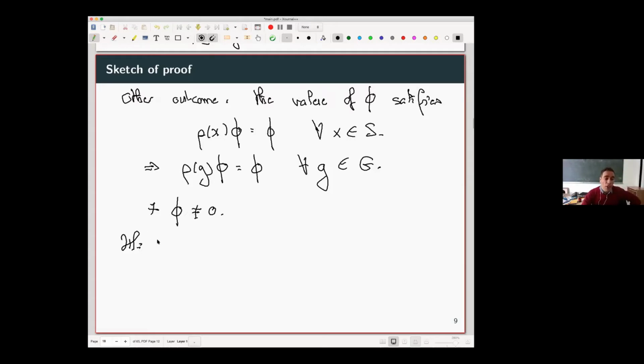So now if you take H, you remember H was the square summable functions on G mod N. So we have a non-zero function which is invariant for the representation. Such an invariant function has to be the constant function from G mod N to R. So as a function from G mod N to R, phi is constant.